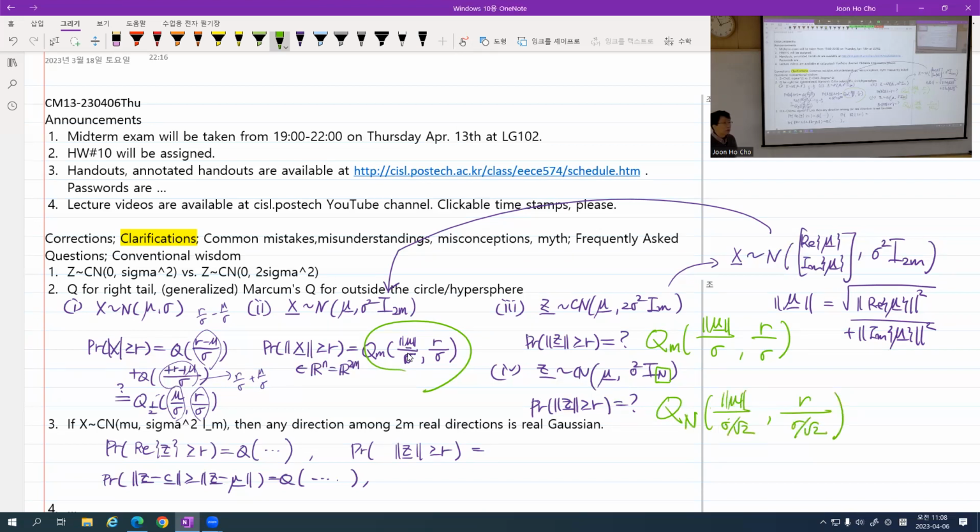Got it? So I want to emphasize that you should not be confused. Whenever you have difficulty, just convert everything to real. That is the idea of the real composite vector. Given a complex valued random variable or vector, you just convert it to real of z and imaginary of z and have a real vector. That is the idea of the real composite vector approach. Got it?